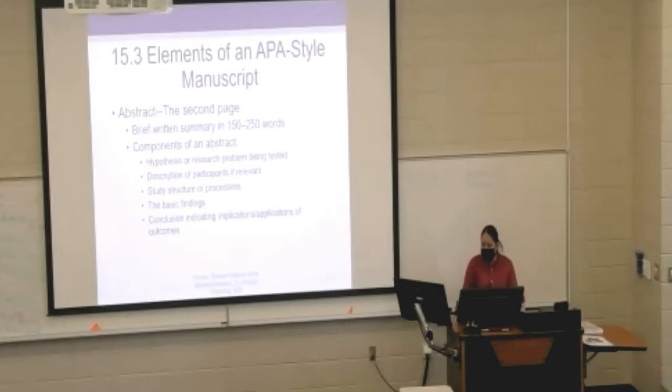It's basically a summary, right? Remember your title was a summary of everything, the method, the variables. The abstract is now going to provide a little bit more detail. We're going to provide a summary of the purpose, the methods, and the results of your research, so it's going to include those components.